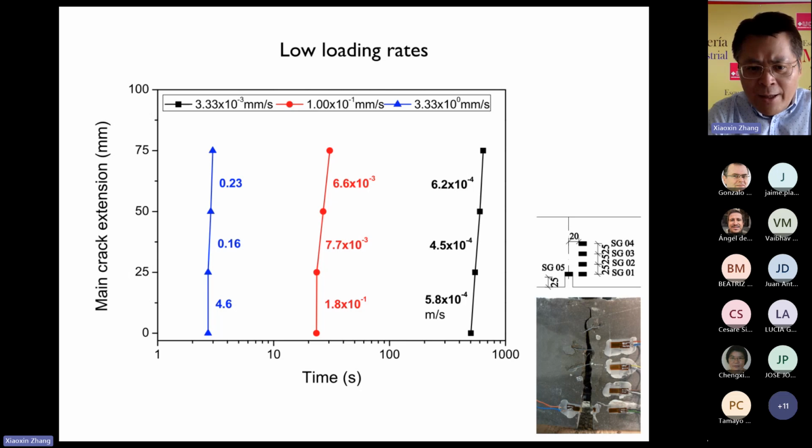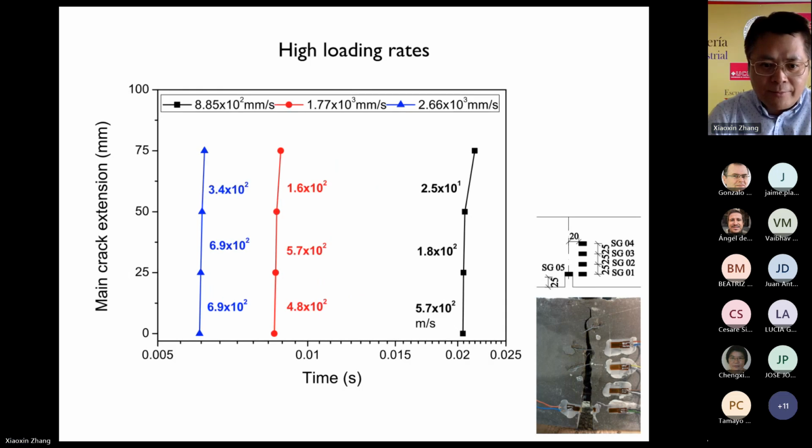So for the rate-sensitive loading conditions, the crack initially propagates at a higher velocity, and later the velocity decreases. The blue one shows a similar tendency, from 4.6 meters per second to 0.16, 0.23 meters per second. This is the phenomenon at the low loading rates.